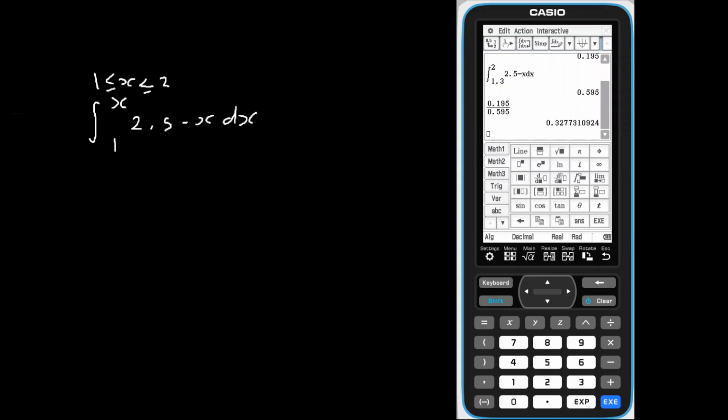Okay, so let's figure this out with the calculator. So we're going to say use calc, and let's bring up the calculator. So I'm going to grab my integral, put it from x, put it from negative infinity, and I'm also going to put in that 2.5 minus x.